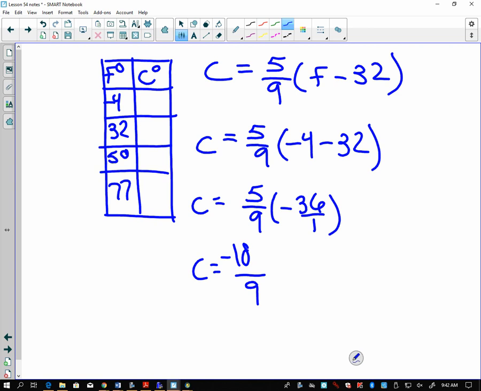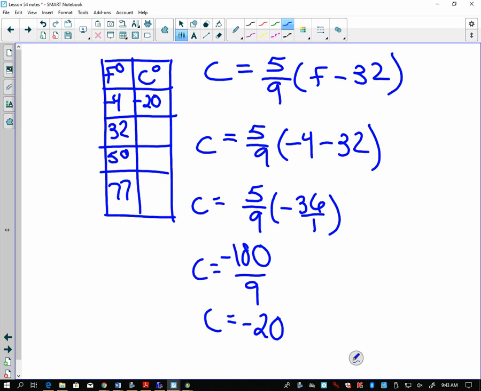So I have negative 180 divided by 9, which should be negative 20. So if it's negative 4 degrees Fahrenheit outside, then it's negative 20 degrees Celsius. Okay?